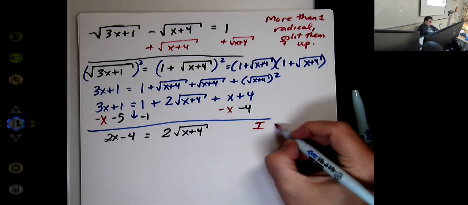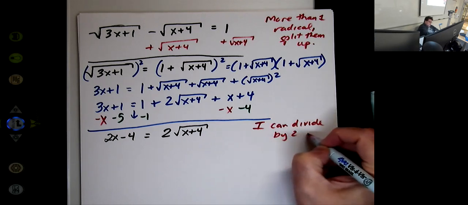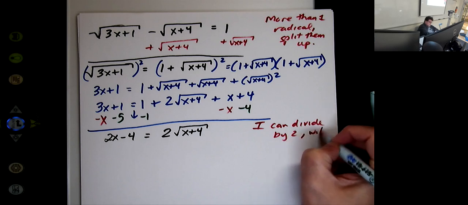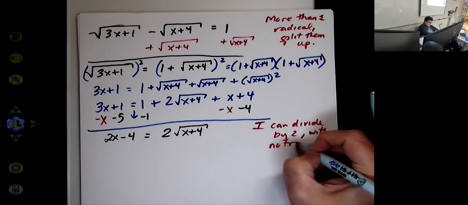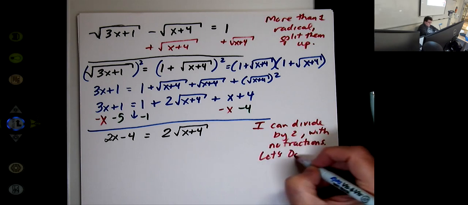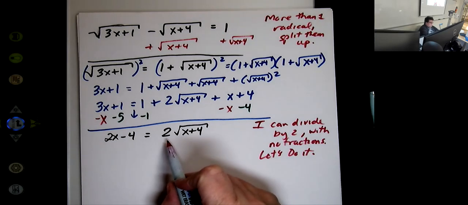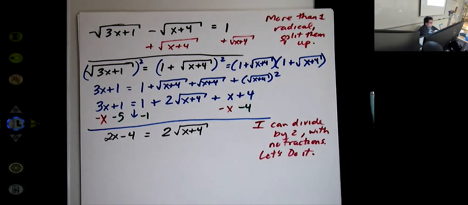I can divide by 2 and have no fractions. So let's do it. Otherwise, don't. If this was like a 3, leave it alone. Just go on to the next step, because when you're squaring, having fractions gets messy and you're going to make mistakes.